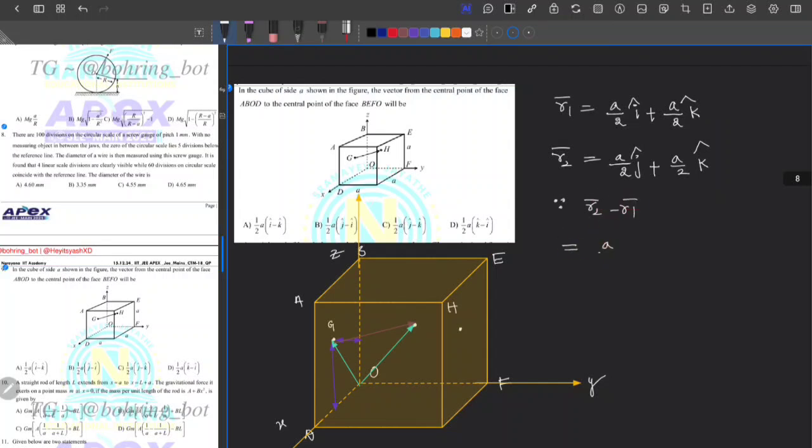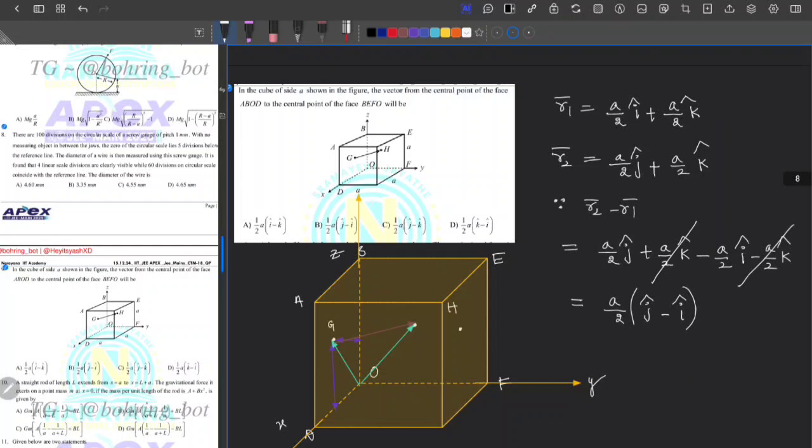R2 bar is a by 2 j cap plus a by 2 k cap, minus a by 2 i cap minus a by 2 k cap. The a by 2 k cap terms get cancelled. So what we get? I can take a by 2 out. Therefore j cap minus i cap. So that was the answer for this, right?